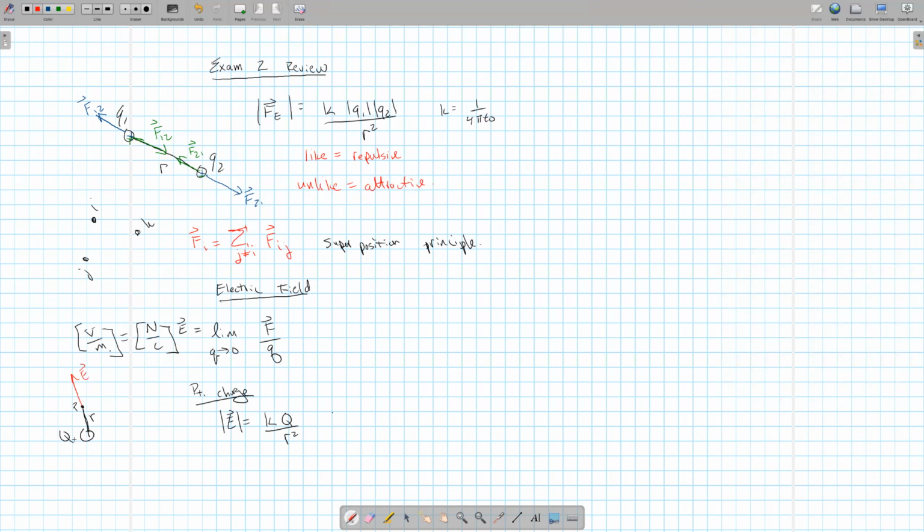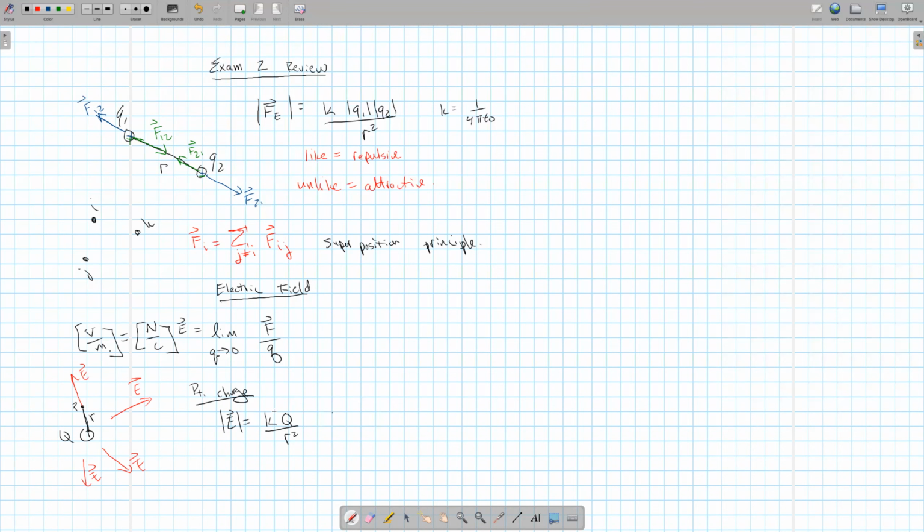But if the charge is negative, it will point radially inward. So the electric field points radially away in all different directions, where the magnitude is given by the distance I am away from it.